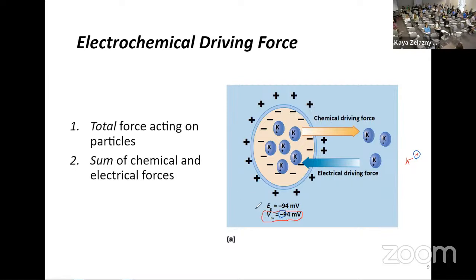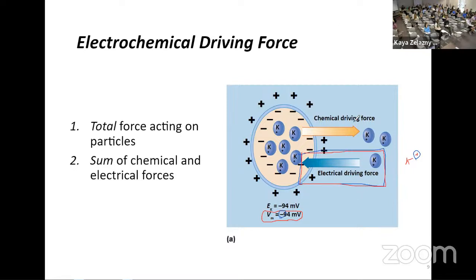Even if the membrane potential is written below the cell, it's still talking about the charge inside the cell. Em is always the charge inside. That negative charge is going to pull the positively charged ion towards it. So that is our electrical driving force on our potassium ion.